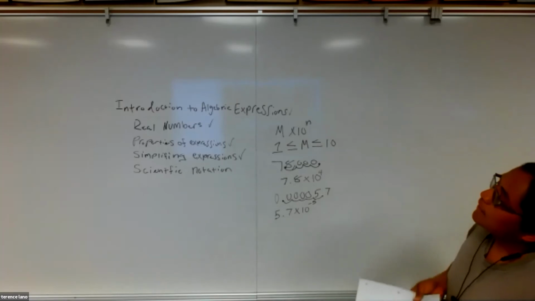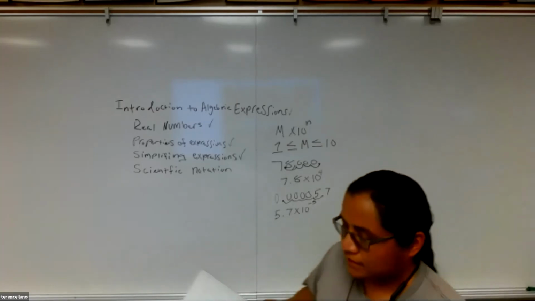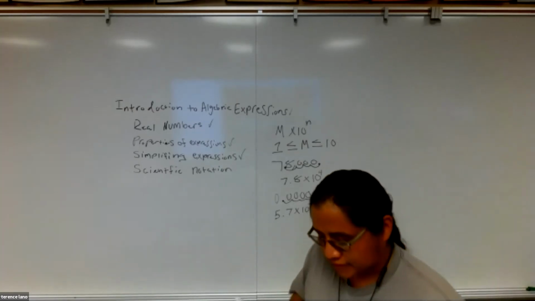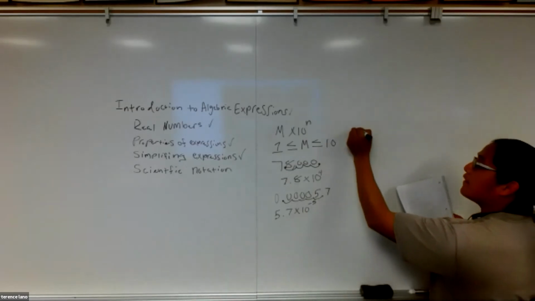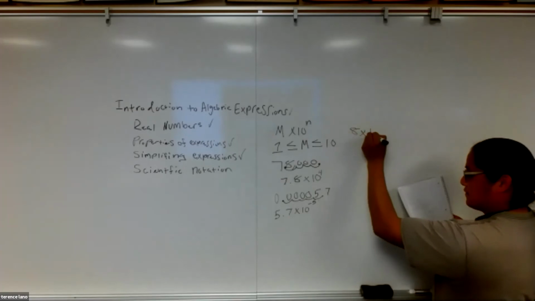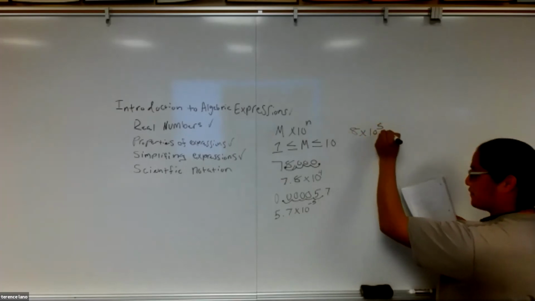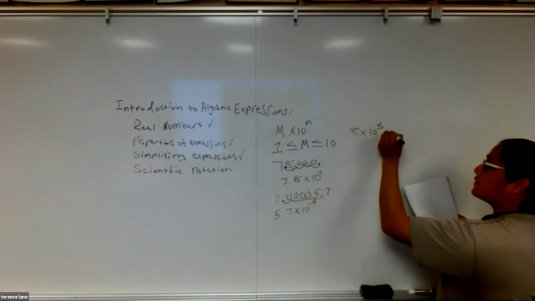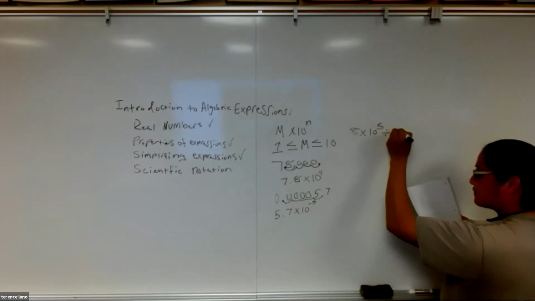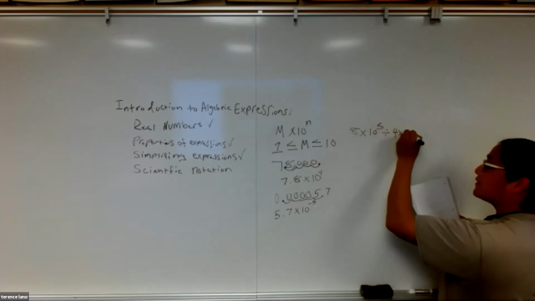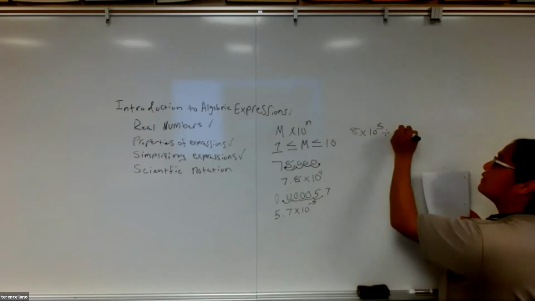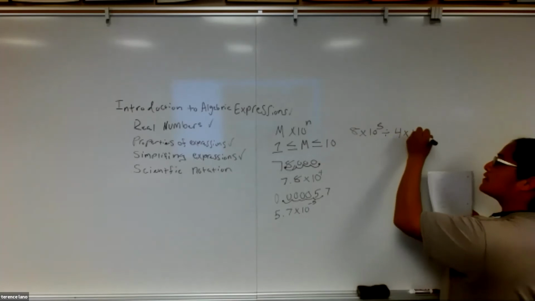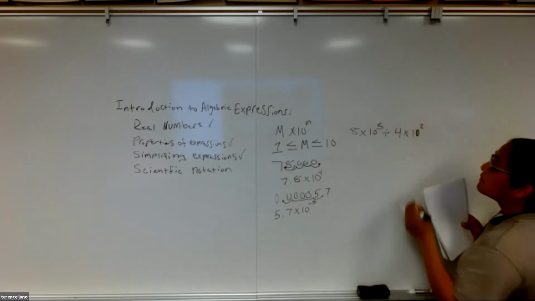The next part, the last part I want to go over is dividing scientific notation. We could be given an example of 8 times 10 to the 5th, divide that by 4 times 10 squared.